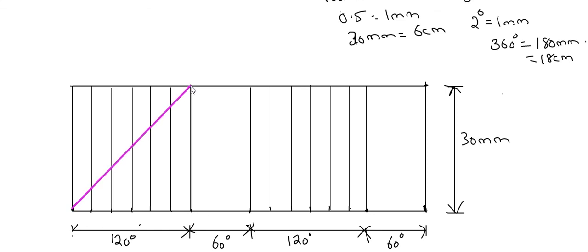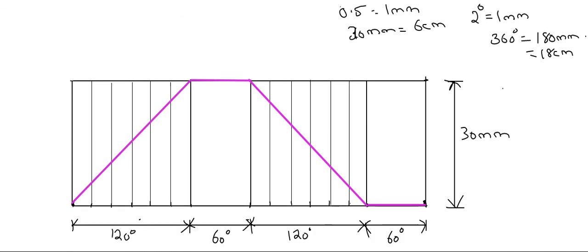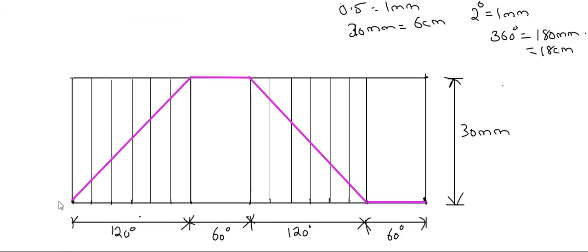And for dwell, you just draw a horizontal line across that. Then again a diagonal in the return section. And since the last dwell is mentioned there, you should draw a horizontal line for that. So this is your displacement diagram for the follower with uniform velocity motion. And we need this length, so name it uniformly.